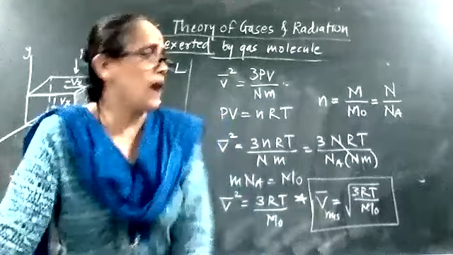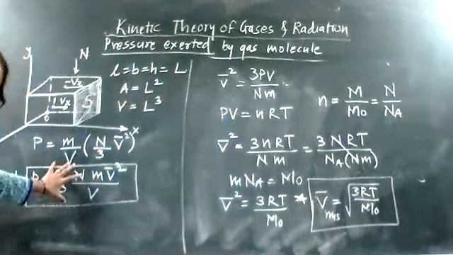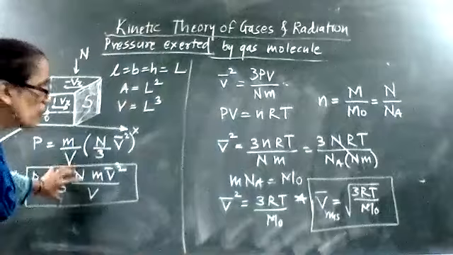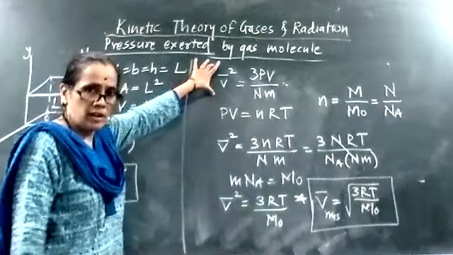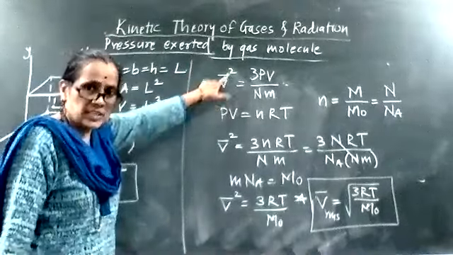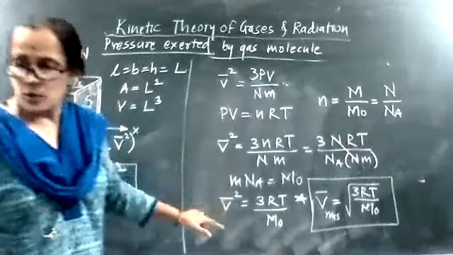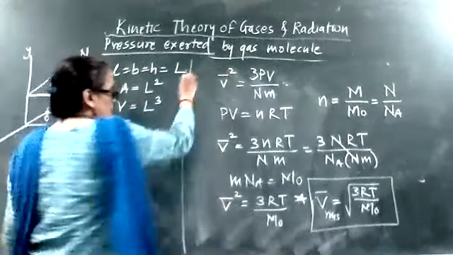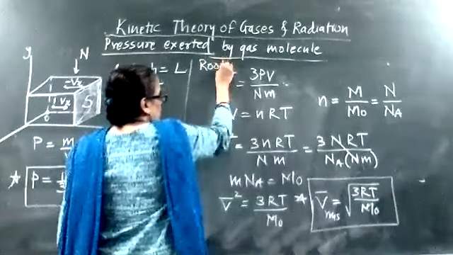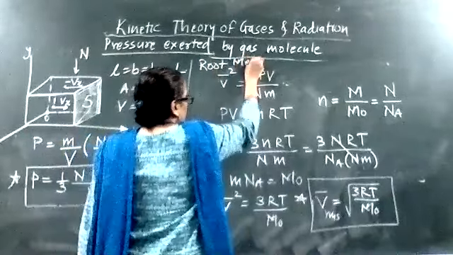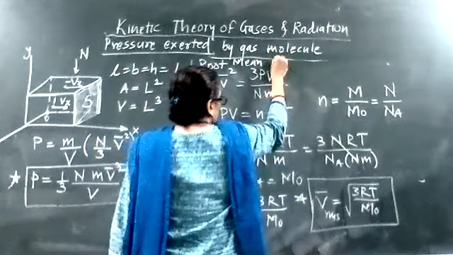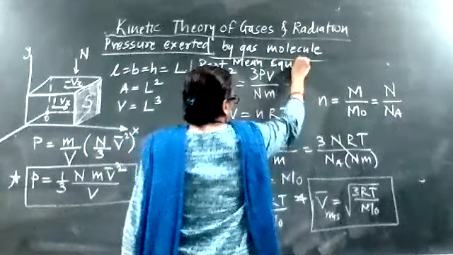Fine? Now, once you have this pressure exerted by the gas molecules, I can write down for V square bar, which is called the root mean square velocity. I want to find out the root mean square velocity.